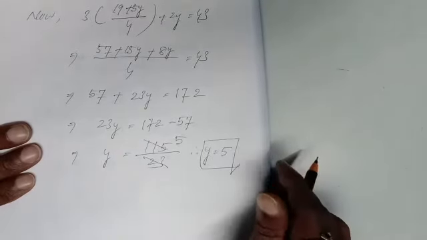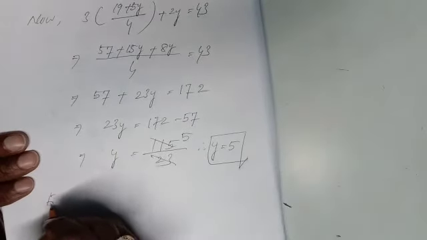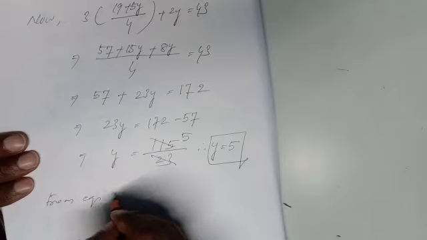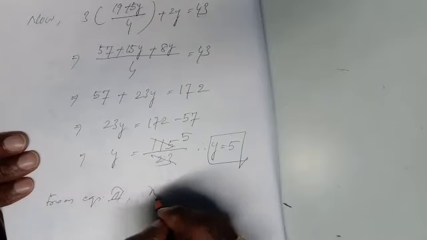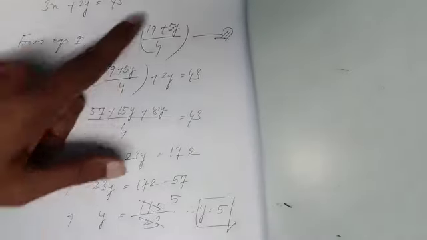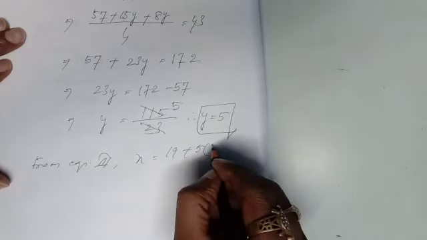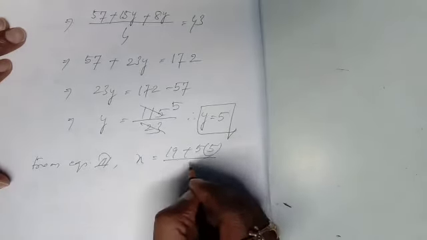Putting the value of y in equation 3. From equation 3, you got x = (19 + 5y)/4, the y value you got is 5.